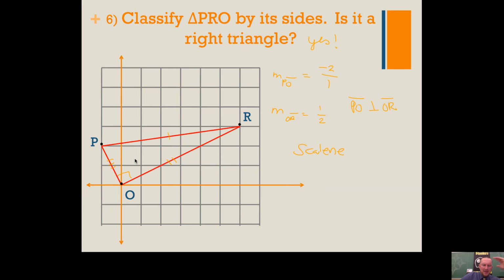Now, that's a sufficient way to prove this, but if you really wanted to prove it using math, you would have to calculate this. How far is it from P to R? Well, use your distance formula. Remember that? Your distance formula, you subtract and square, add in the middle.